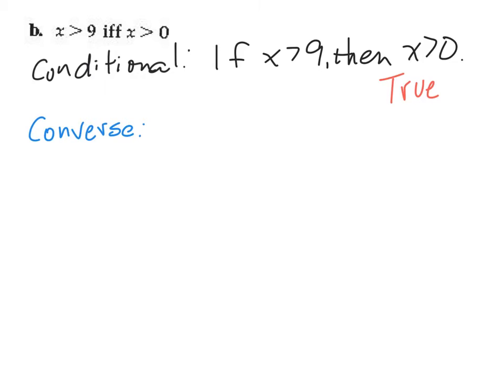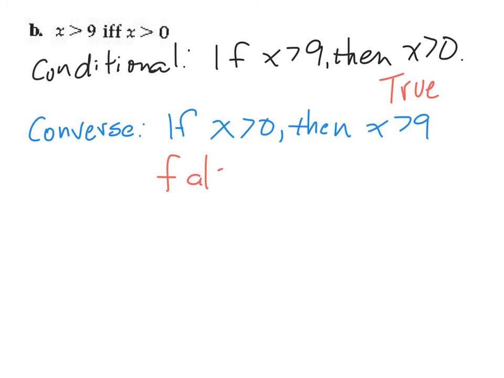The converse, switching our hypothesis and conclusion, would be if x is greater than 0, then x is greater than 9. That is not a true statement, and for a counterexample, I could use x equals 1, which is greater than 0, but is not greater than 9. So that means the biconditional is also false.